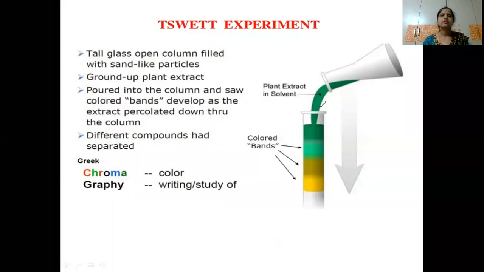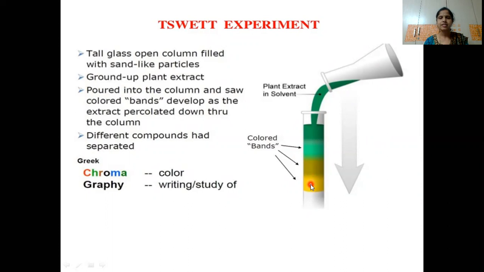As the plant extract is being poured into the calcium carbonate, the extract first gets adsorbed onto the calcium carbonate, which is acting as adsorbent, and then after some time the solvent percolates through the column, and then we can see a clear difference between the bands.